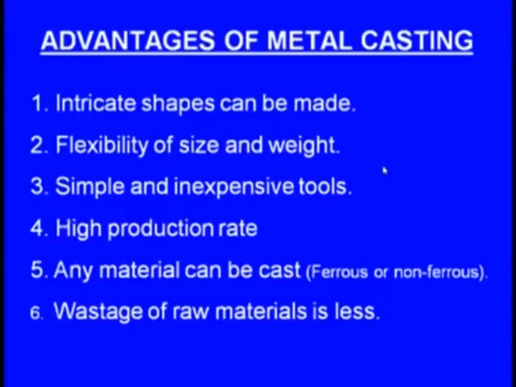The second advantage is the flexibility of size and weight. What is this flexibility of size and weight? Very small components can be manufactured. Just now we have seen that metal casting has application in the jewellery industry. What is the weight of a jewellery component? A few grams.